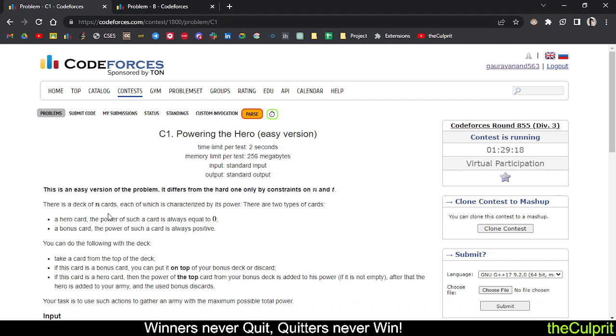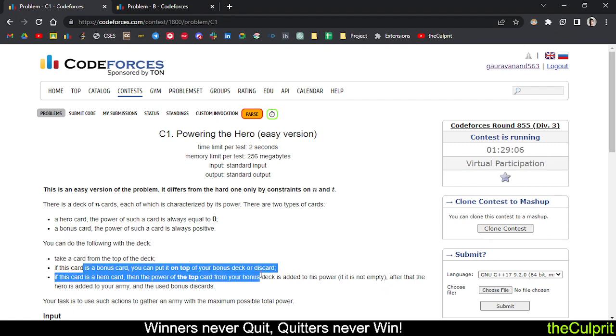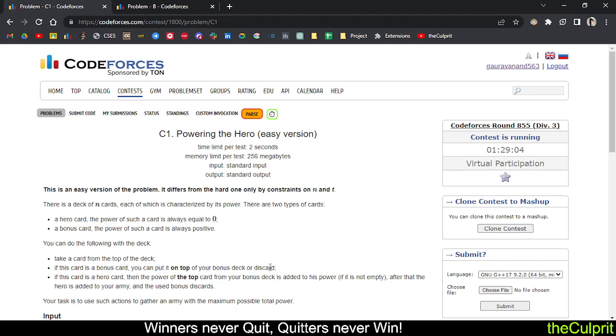Take a card from the top of the deck. If the card is a bonus card, then put it on the bonus deck or discard. If the card is a hero card, then the power of the top card from the bonus deck is added to its power.